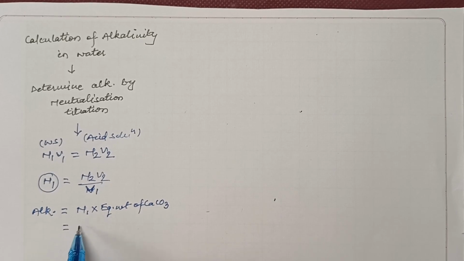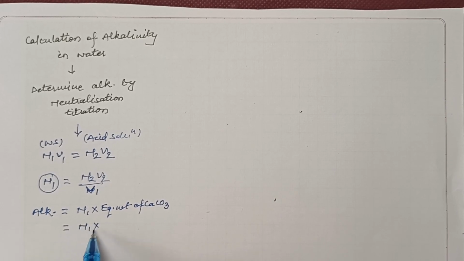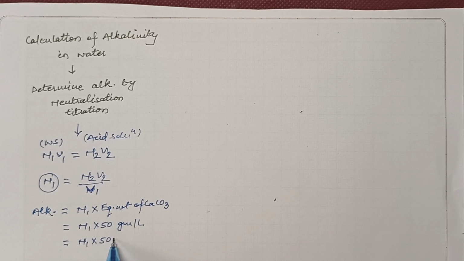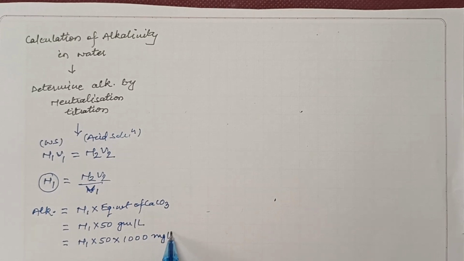So this is N1 multiplied by 50. So you get the answer in gram per liter. To convert this gram per liter into milligrams per liter or parts per million, multiply N1 into 50 into 1000. So you get the alkalinity in milligrams per liter or parts per million.